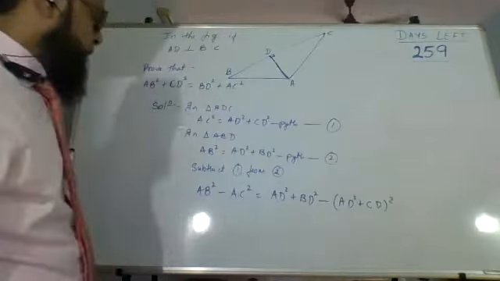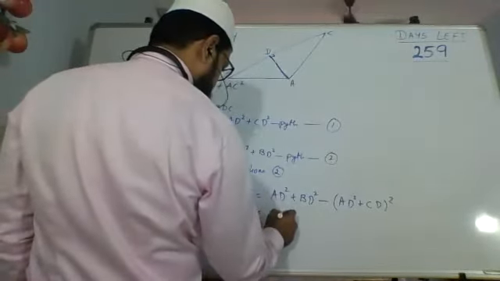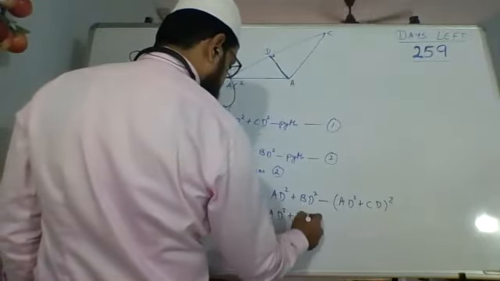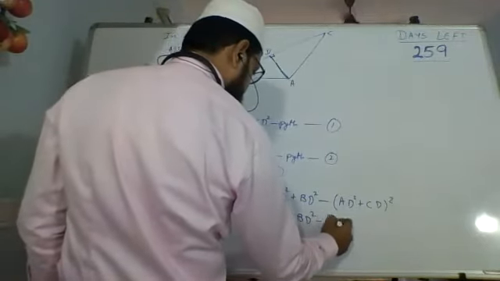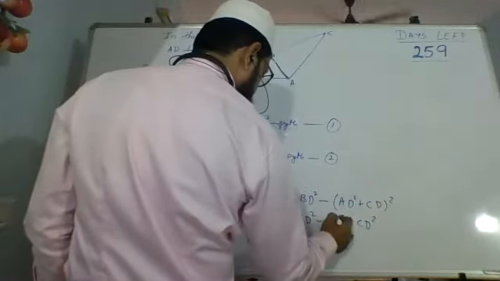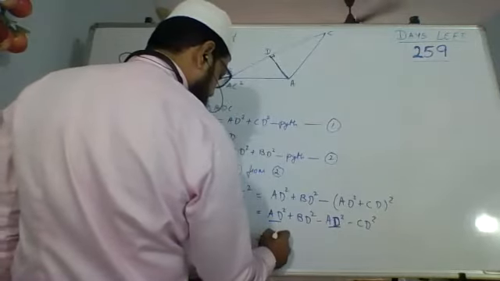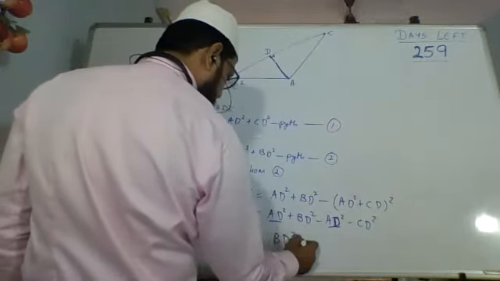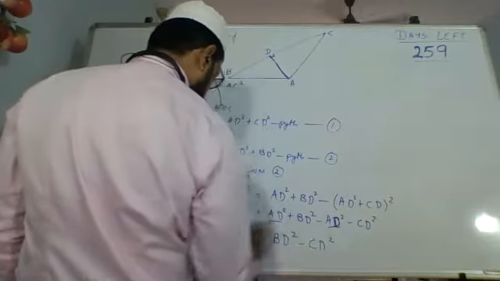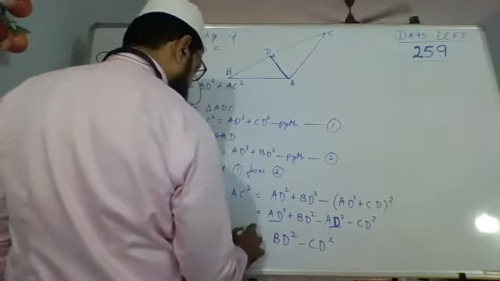When I open this, it becomes AD square plus BD square minus AD square minus CD square. Minus AD square plus AD square will cancel. I'll be left with BD square minus CD square. AB square minus AC square.